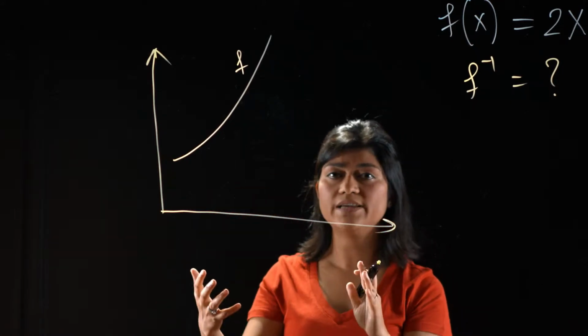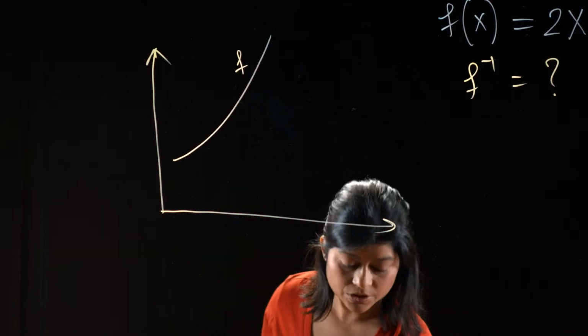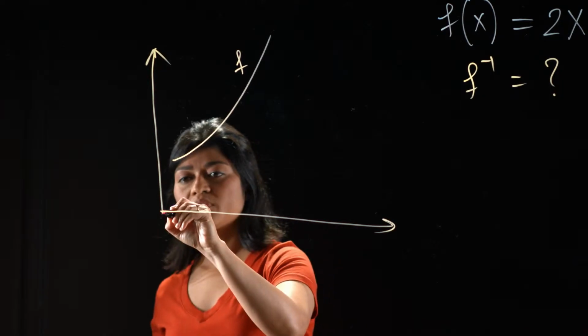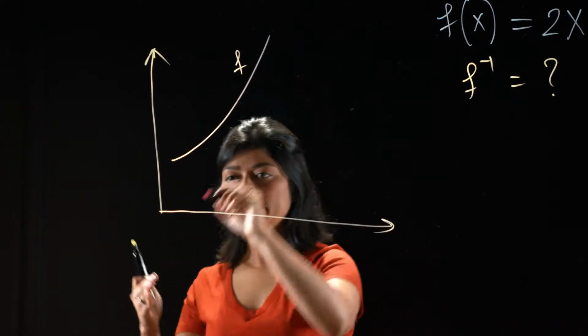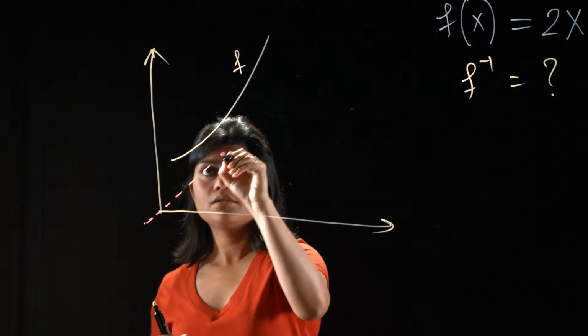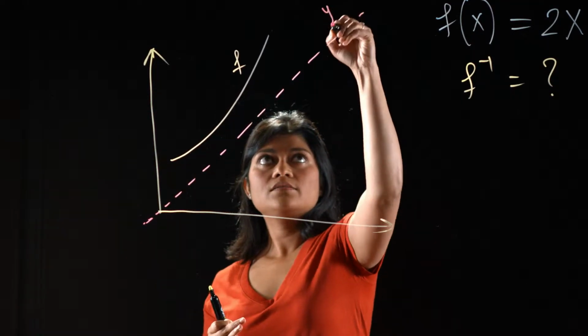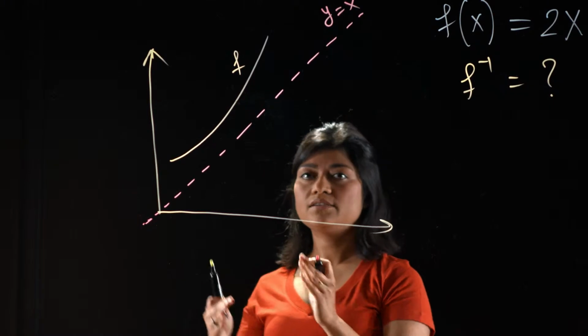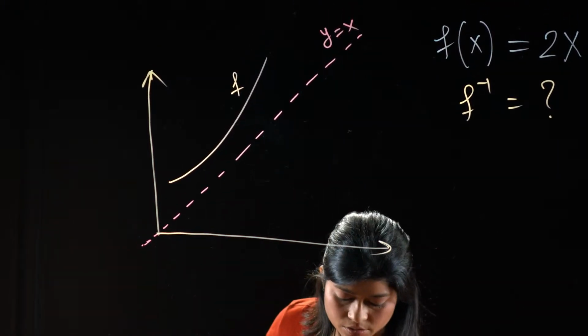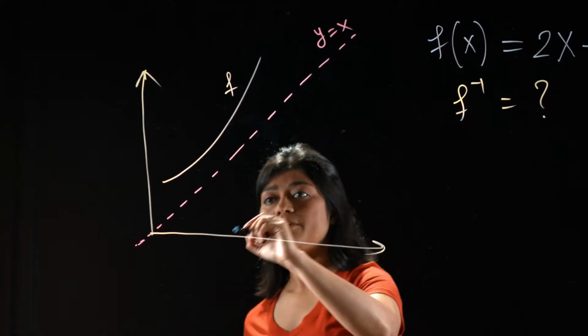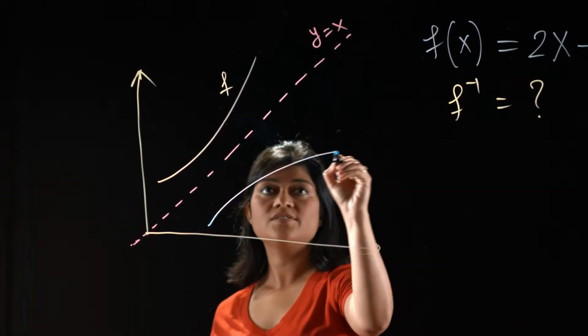If you want to visualize it, f inverse is nothing but the reflection of f, and the mirror is the line y equals x. So here is y equals x, and consider that is the mirror, then f inverse is just the reflection of f. So f inverse will look something like this.